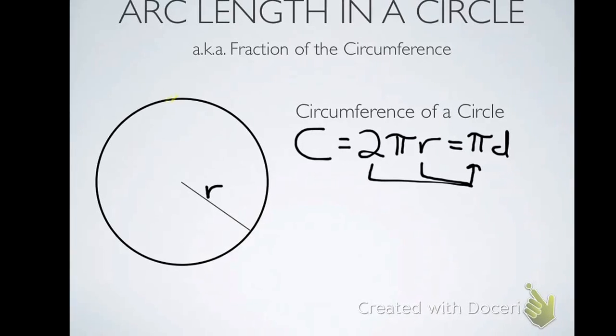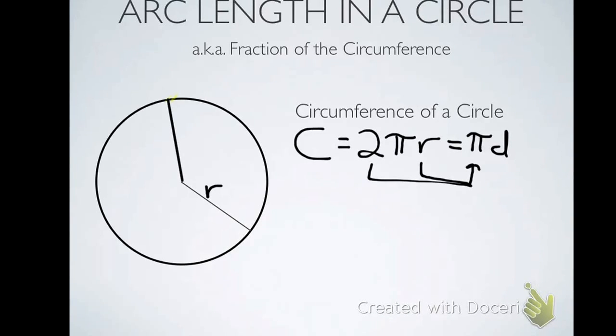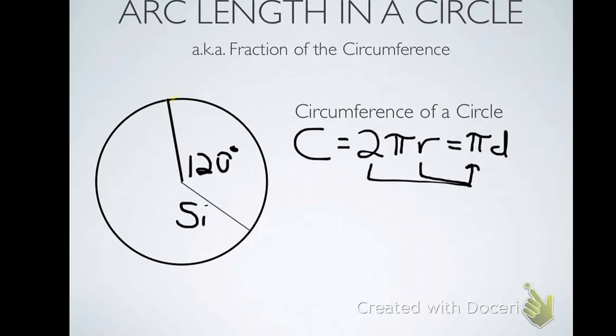So maybe we go back to our original problem here, and we have 120 degrees. And let's pick a radius. Say it's 5 inches.